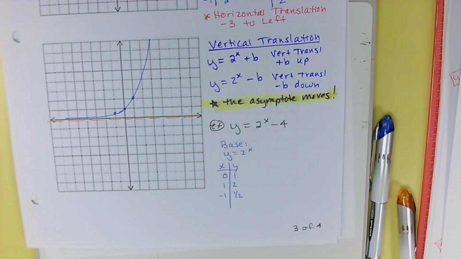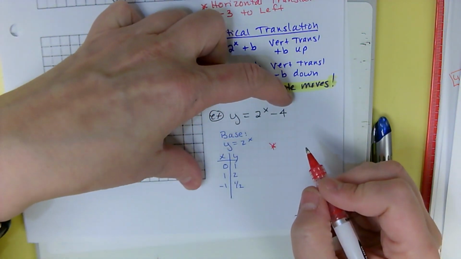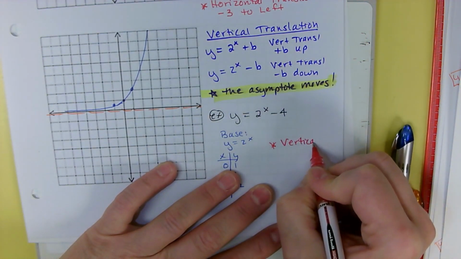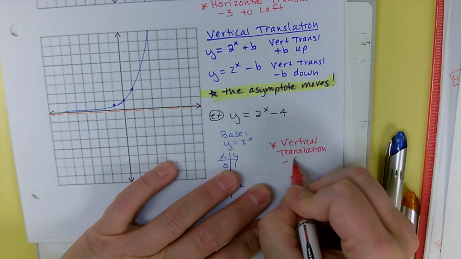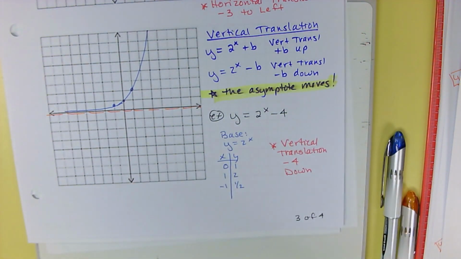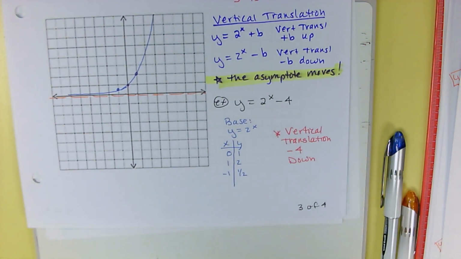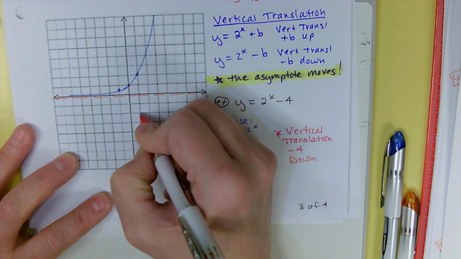Now we want to say what the transformation is. The transformation, because there's a minus 4 on the outside, is a vertical translation minus 4, down. That's what that minus 4 says. So take each of the 3 points in your base graph and count down 4. 1, 2, 3, 4.